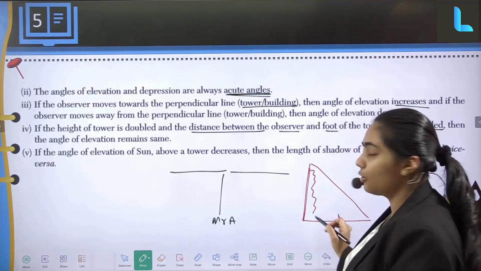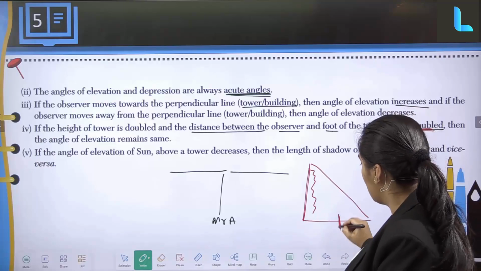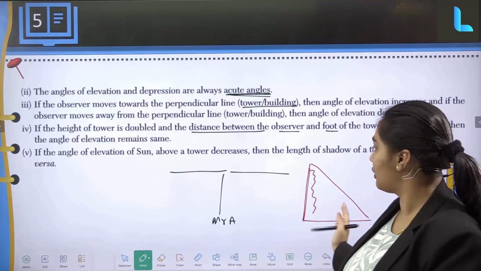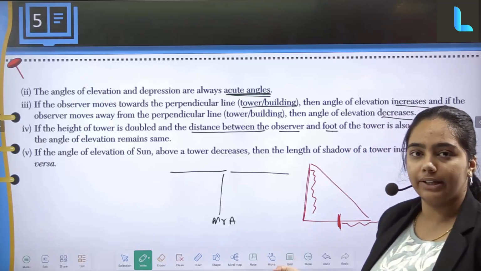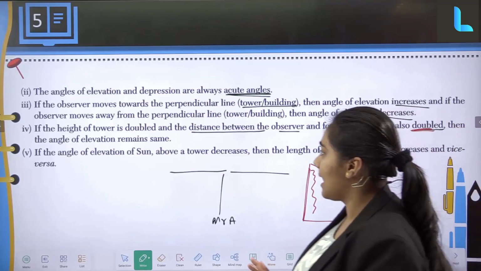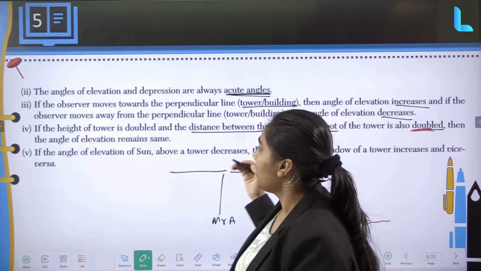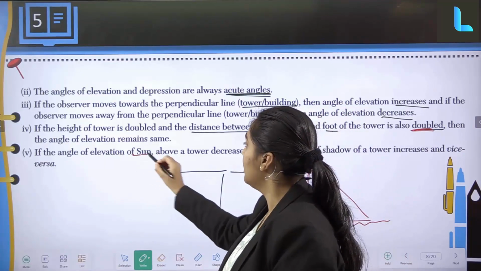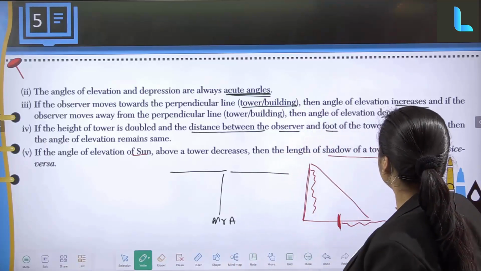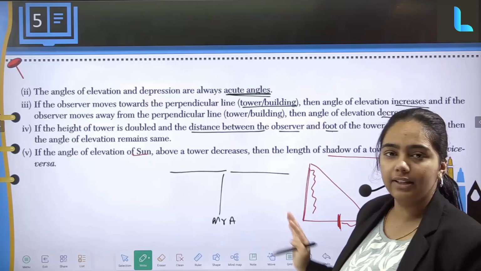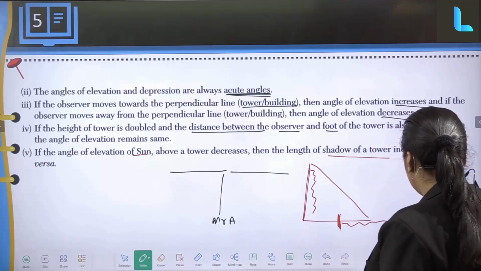In the first case only till here was your shadow, but since the height has doubled, the shadow also is going to get doubled, right? So this can be a simple example which you can consider. If the angle of elevation of the sun above the tower decreases, then the length of the shadow of the tower increases and vice versa. So even this can be related very easily.